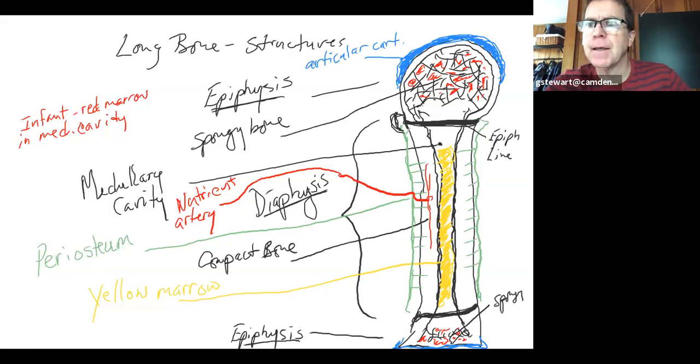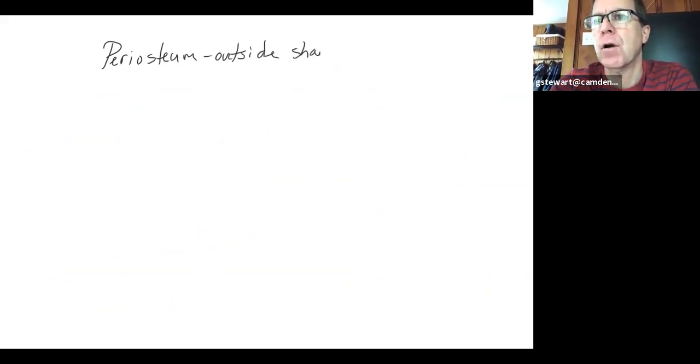The last thing, and I've run out of space, so I'm actually going to save this board and pull up a new one. I'll go to a black pen, sorry. So we did the periosteum. That is what is around the outside of the shaft of a typical long bone.